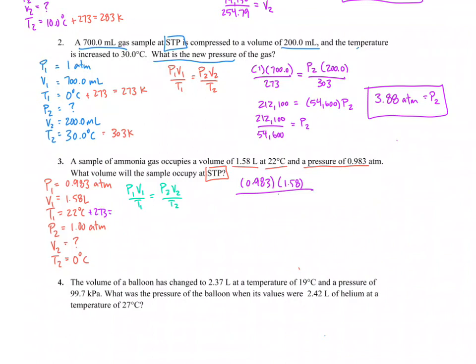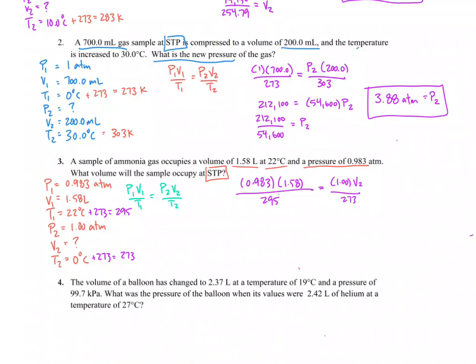So 22 plus 273 gives you 295. And 0 plus 273 is 273. All right, so now we can plug in T1 is 295. Equals my new pressure is 1 atmosphere, the new volume is unknown, and the new temperature is 273.